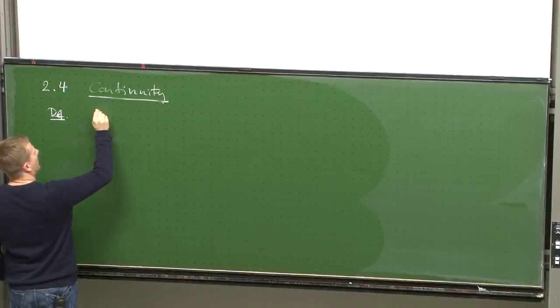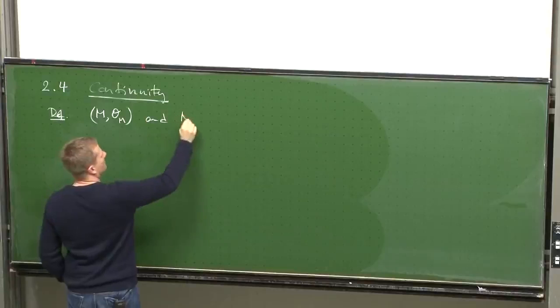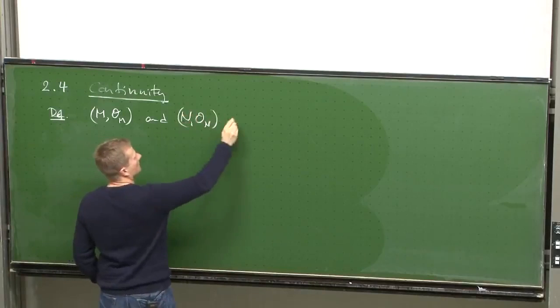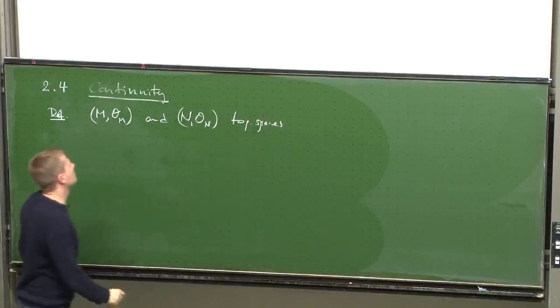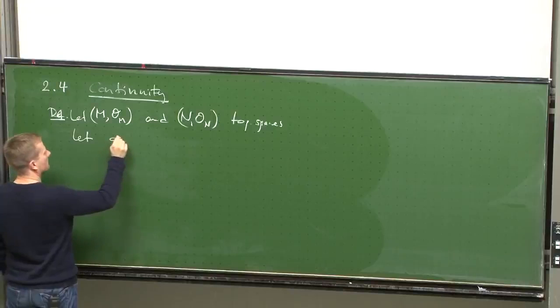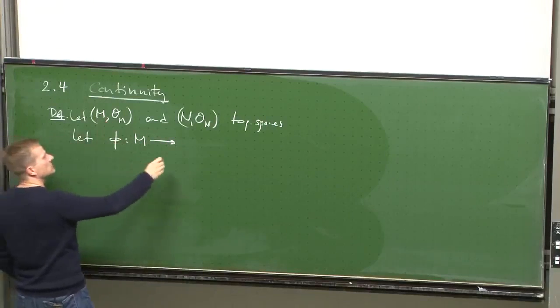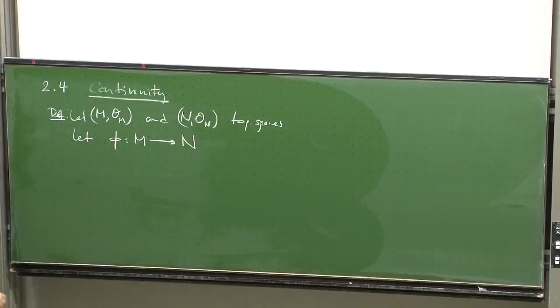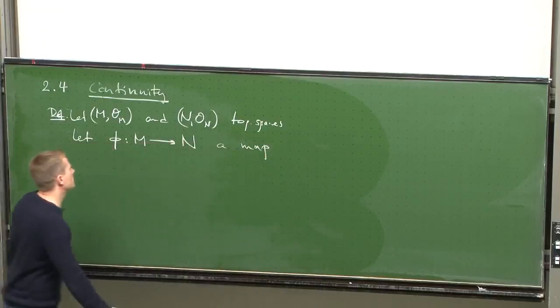Definition. Let M, OM, and N, ON be topological spaces, and let phi be a map from the set M underlying the first topological space to a set N underlying the second topological space.